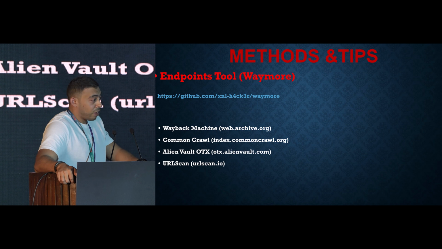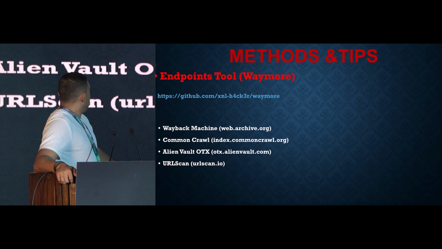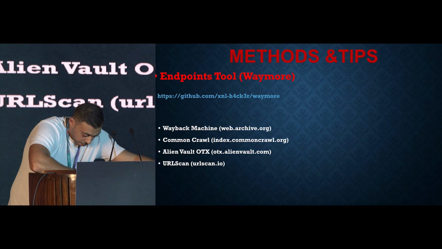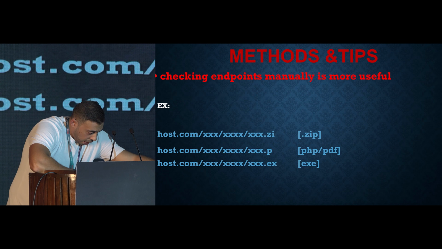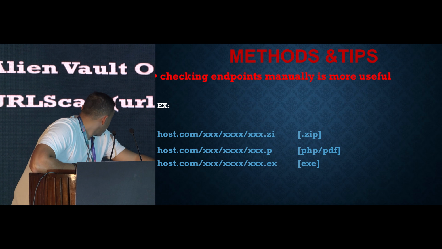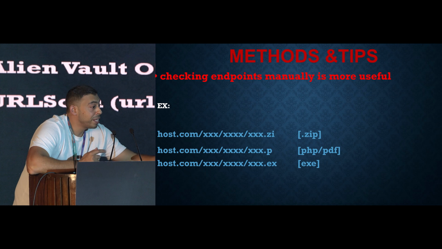This tool is very similar, but it collects URLs from four resources: the Wayback Machine or Web Archive, Common Crawl, AlienVault, and URLScan. And on AlienVault, URLs are updated daily.